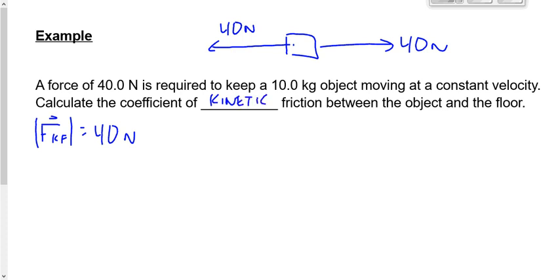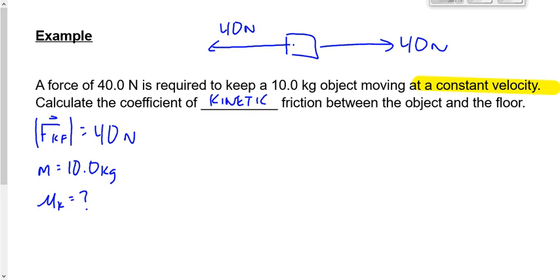Let's write down the mass here is 10 kilograms. And we're looking for a coefficient of kinetic friction. It's moving at a constant velocity. Forces must balance. When forces balance, friction is going to be the same as the force that's pushing it forward.